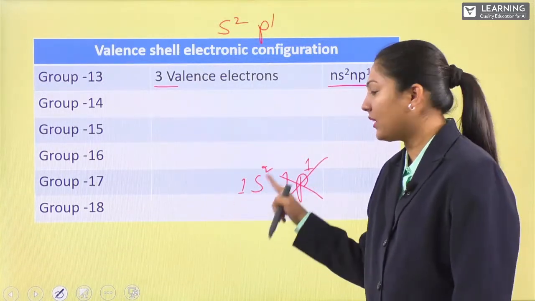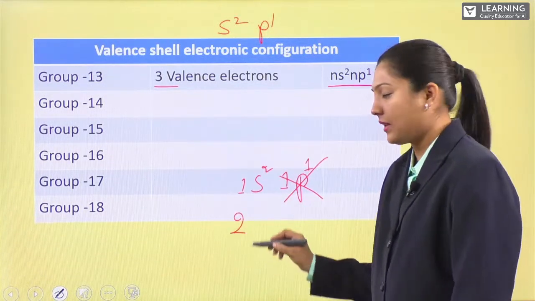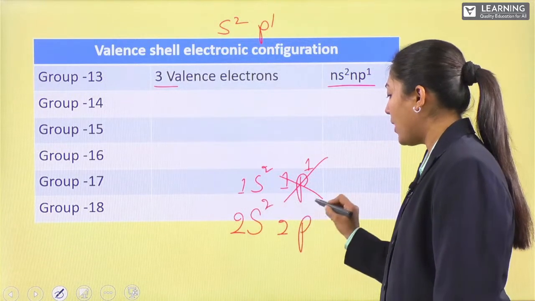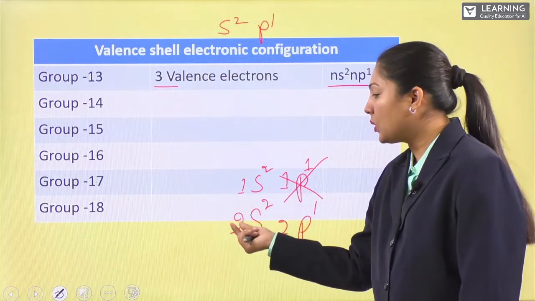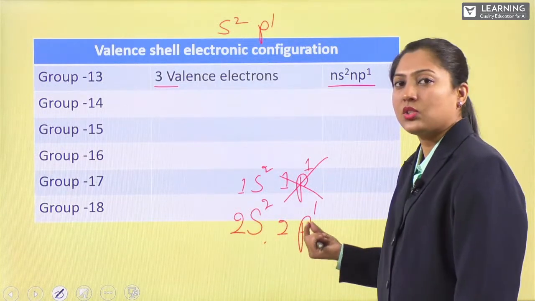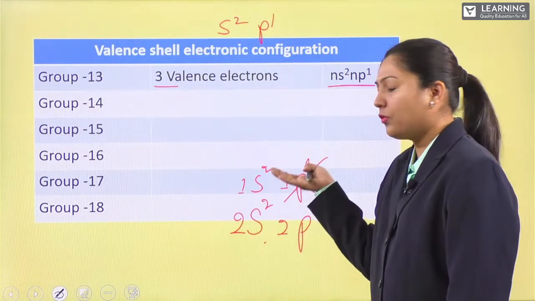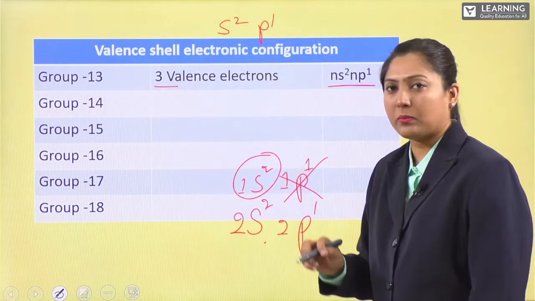It will only have 1s2. But the second period will have 2s2 2p1. Got it? The p orbital is there only from the second shell or second orbit, not for the first one. The first one will have only the s orbital.